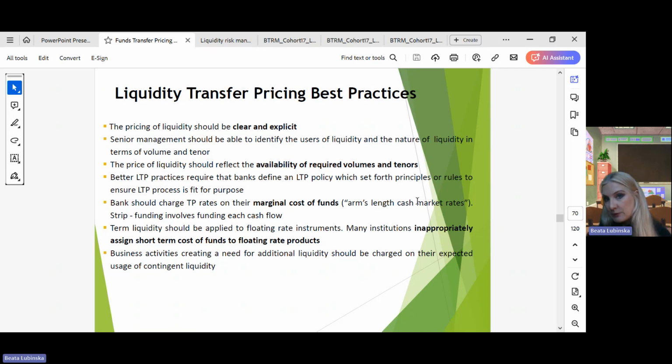And this is quite an important concept in FTP and the central model, because you have some methods which are working on the average cost of funds. We will mention them. However, here we are referring to the central model. When we have the ILM in the center, we have the business units like we showed in the first episodes, number 1 and 2, where this principal model works.